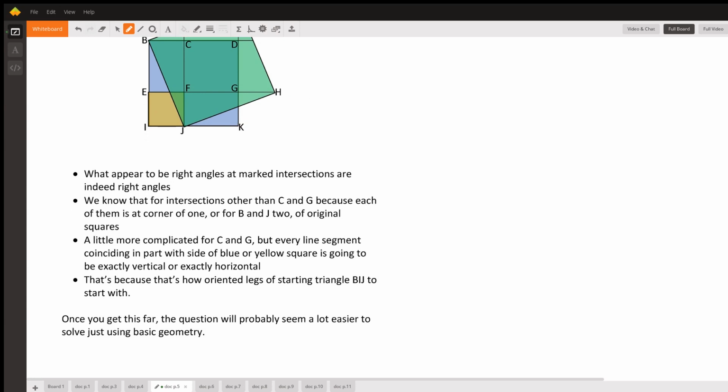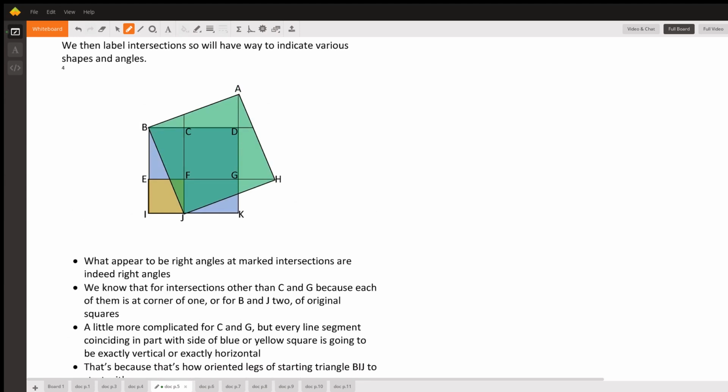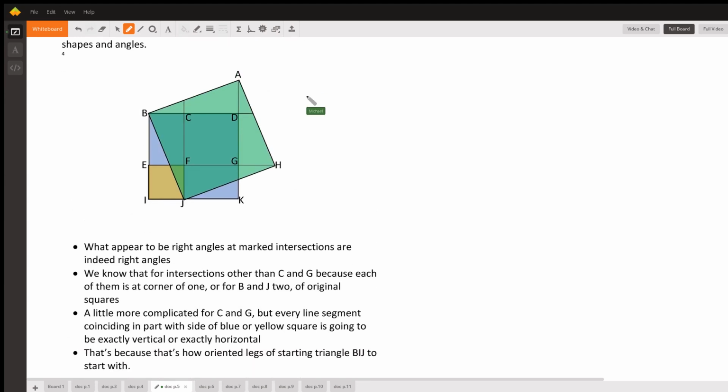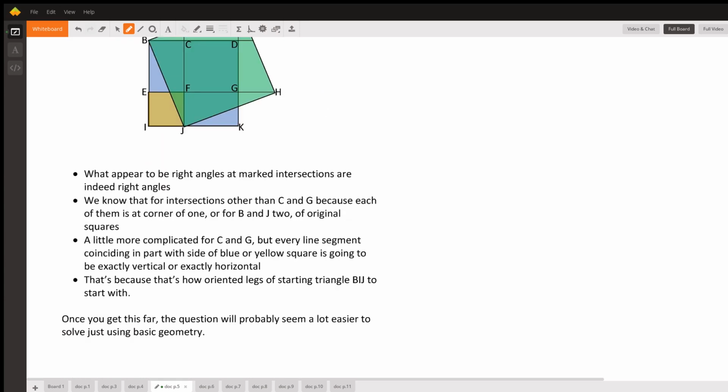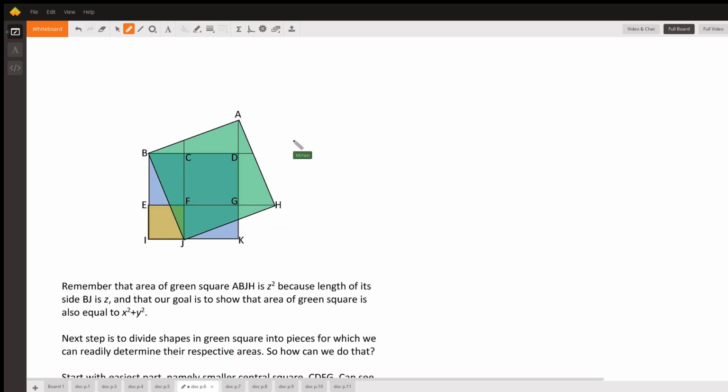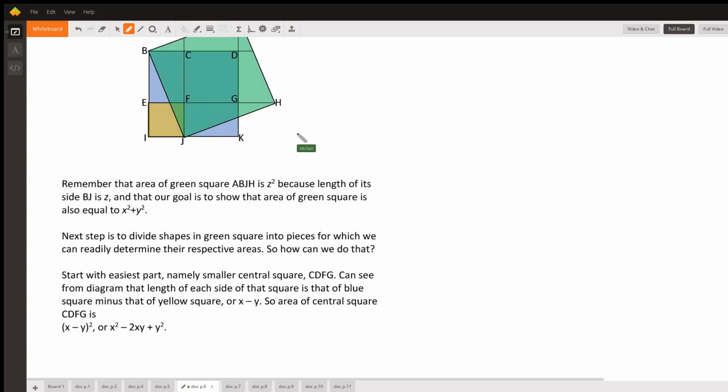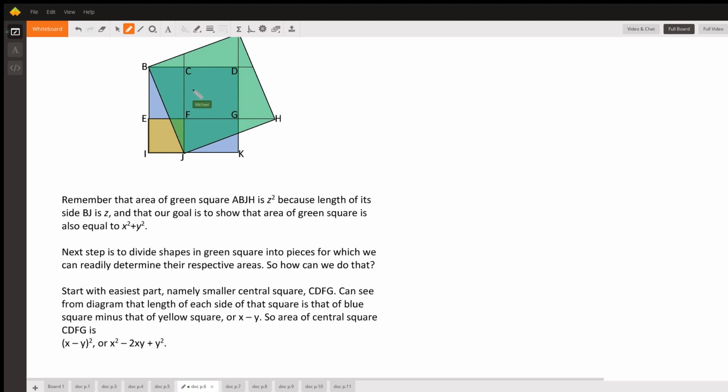So once you get this far, now it should start to look a little easier just using some basic geometry. So remember, the area of the green square is z squared because that's the length of a side.